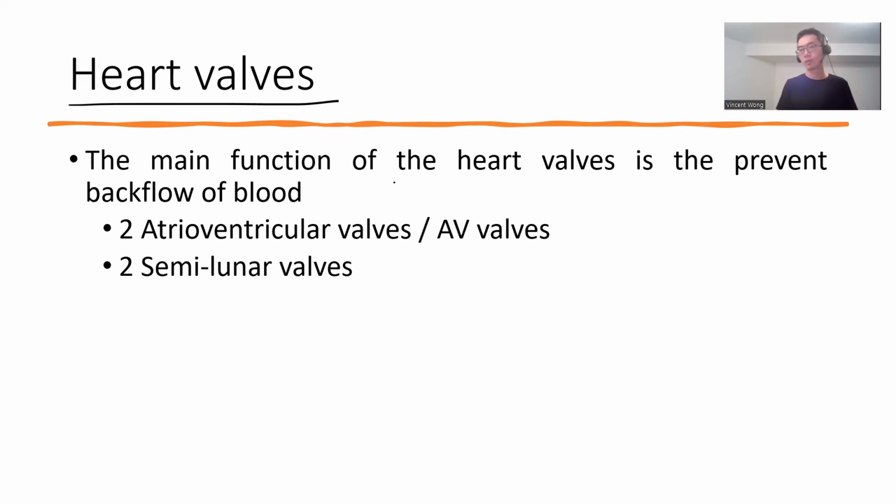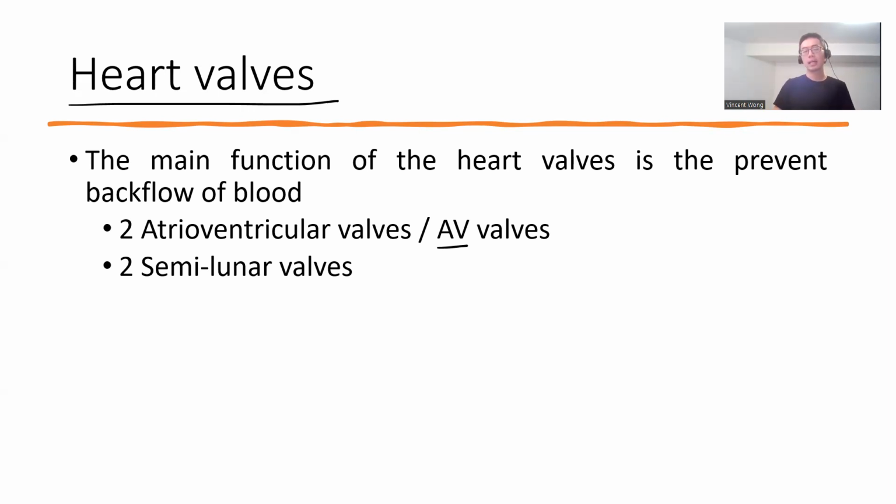There are 2 sets of valves. Each set has 2 valves in it, so a total of 4 valves. We call them atrioventricular valves, or AV for short. As the name implies, they are between the atrium and the ventricles, so you have 2 AV valves.